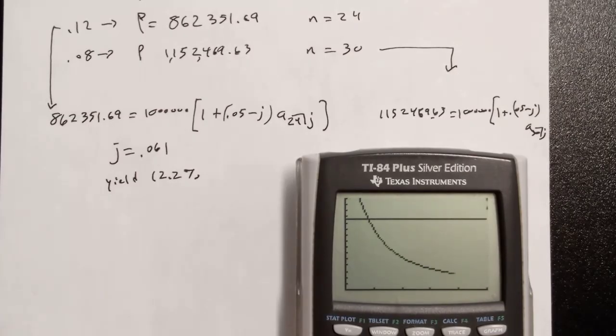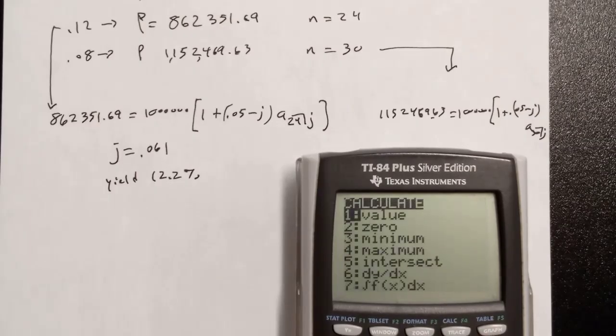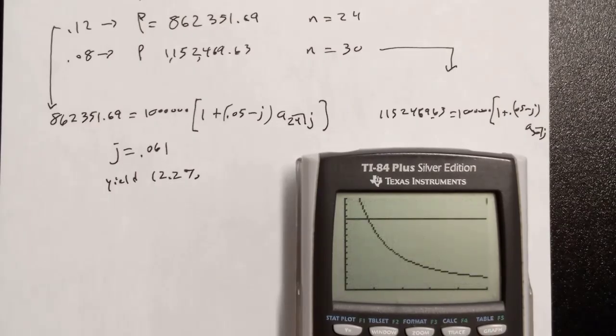Now, I bought this at a discount. But I'm holding it longer. I should earn more. Lo and behold, my J is 0.041.